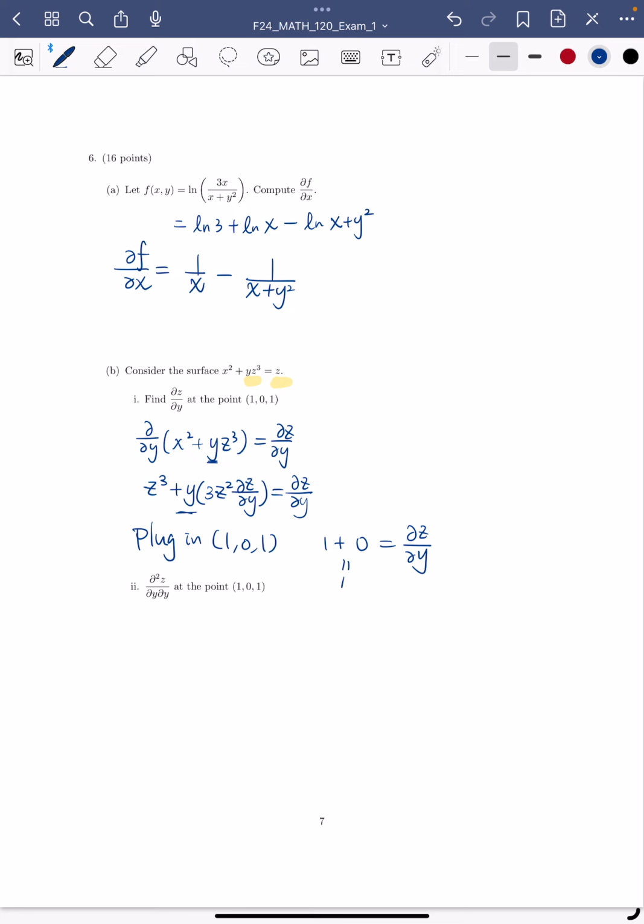What about if you do twice partial derivatives? So we do the same thing again.